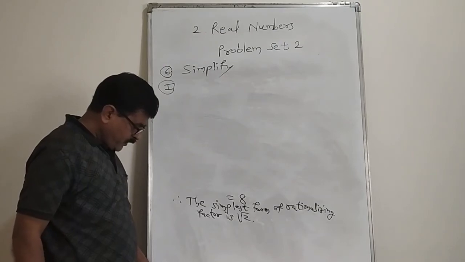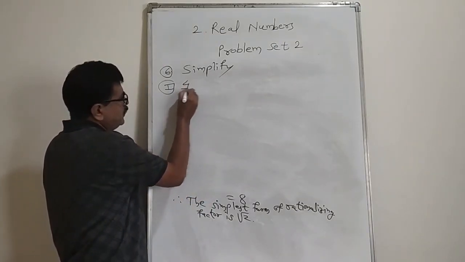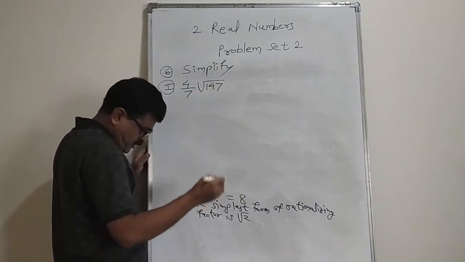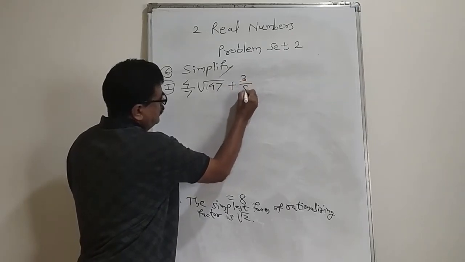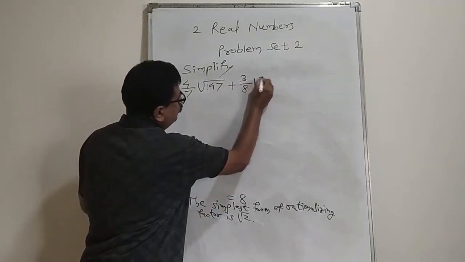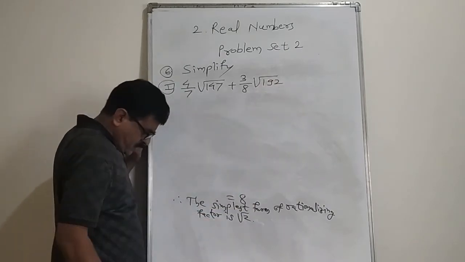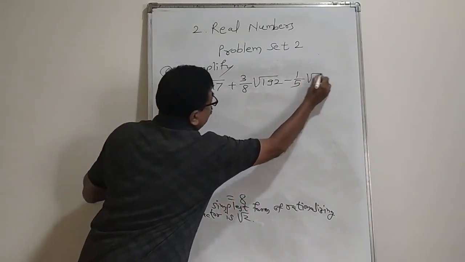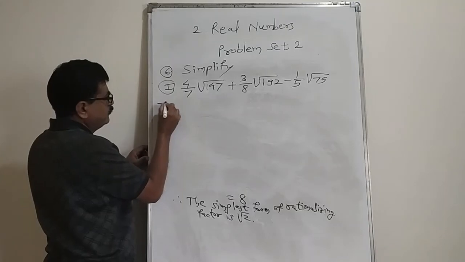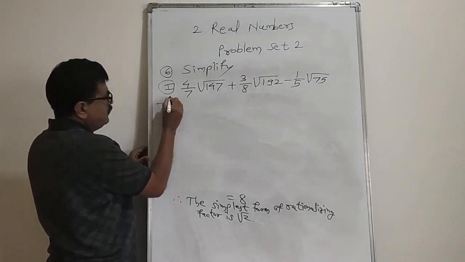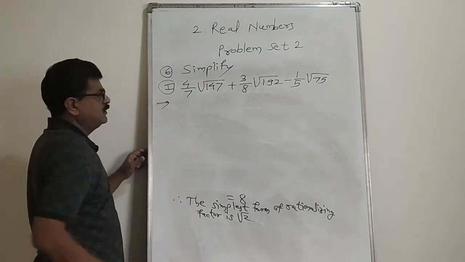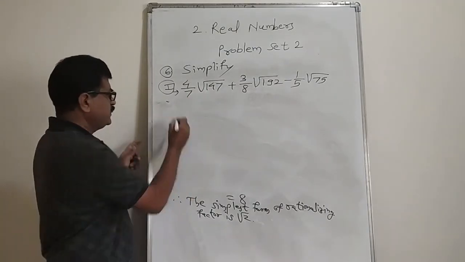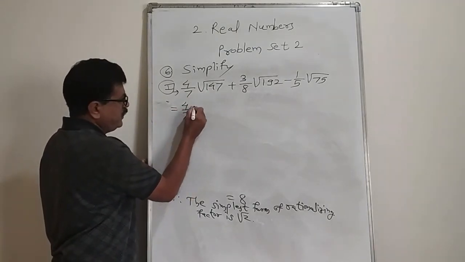First example, 4 upon 7 square root of 147 plus 3 upon 8 square root of 192 minus 1 upon 5 square root of 75. Now first write down this as it is.